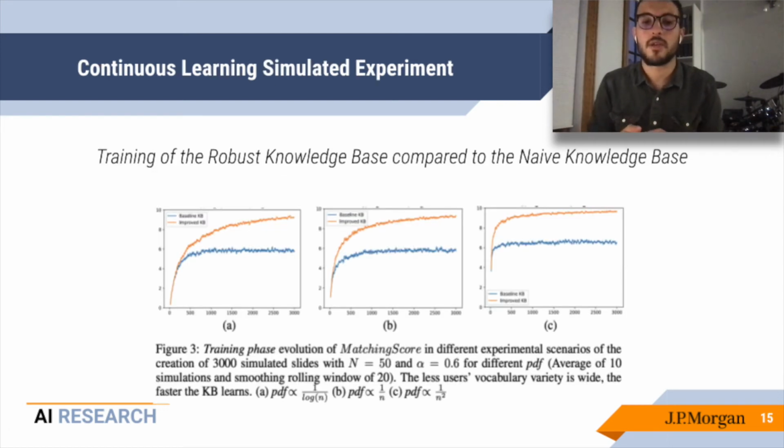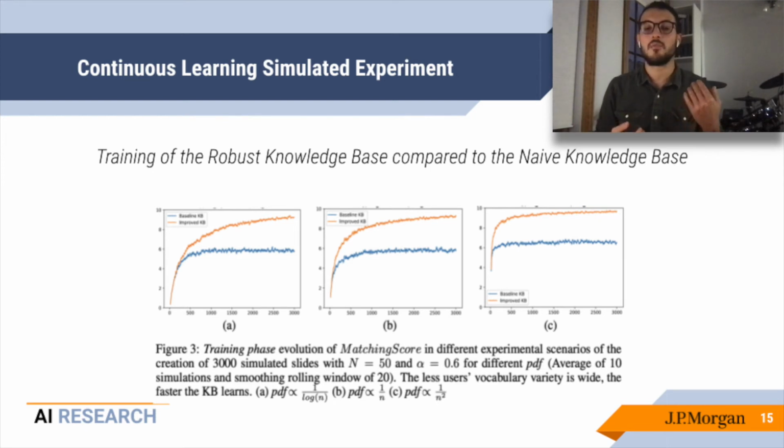Here are the results for one of the experiments. In this experiment, for the learning phase, the proportion of collaborative users is 60%. They are tasked to create 3,1000 slides. On the x-axis, you can see the number of episodes, and on the y-axis, the evolution of the matching score.